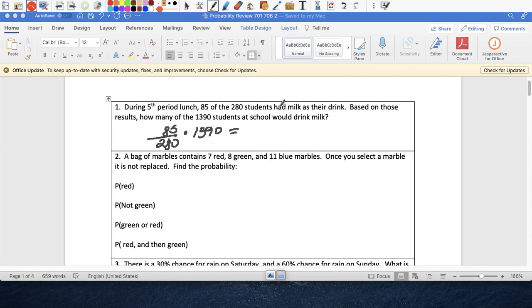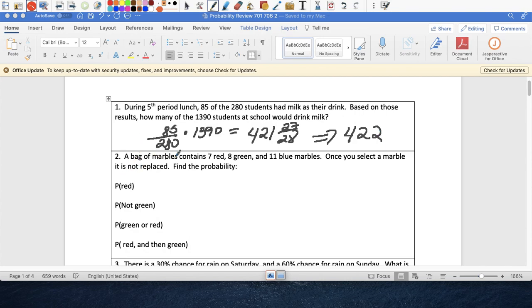If you simplify, you're going to get 421 and 27 over 28 students. Well, you can't have a partial student, right? So we're going to round this in the context of this story to 422 students.